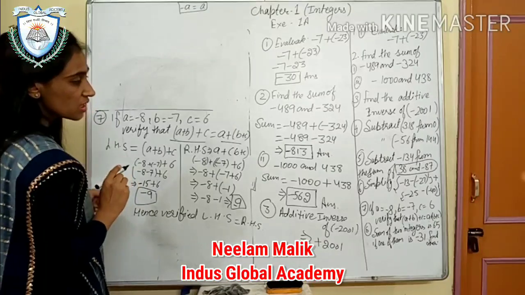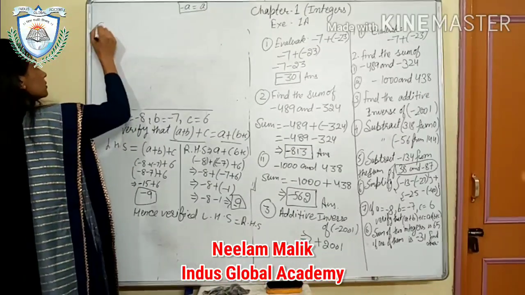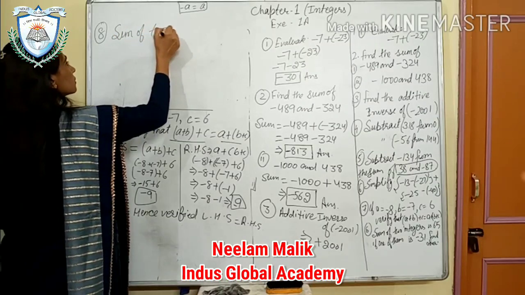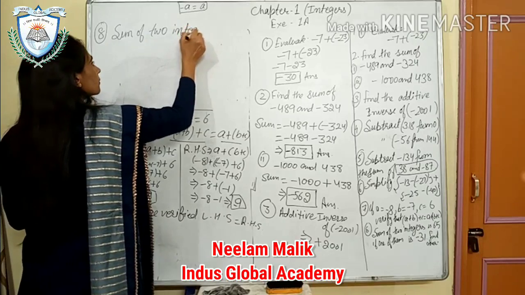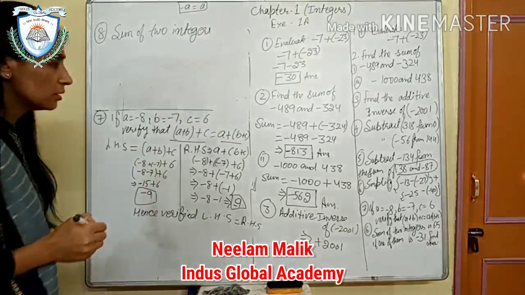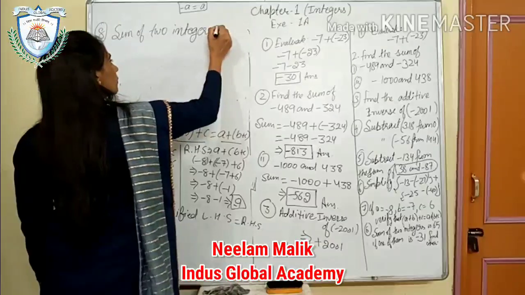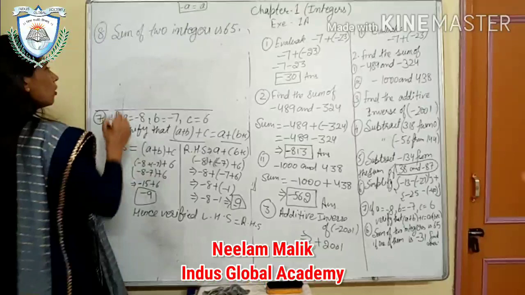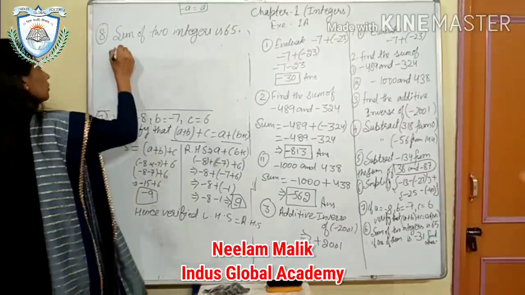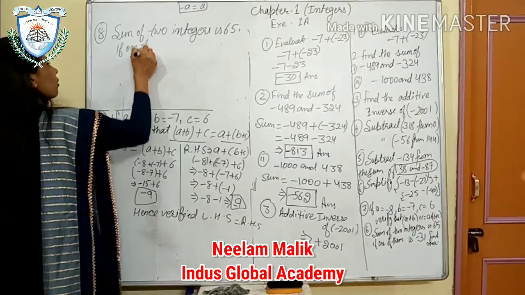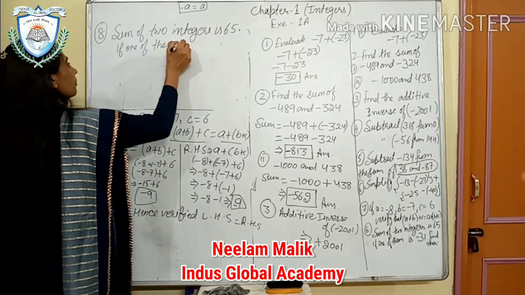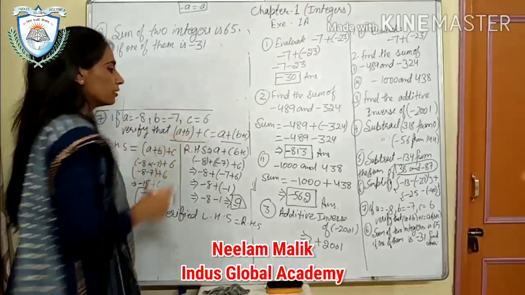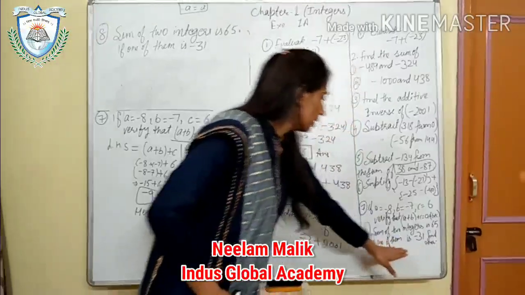The statement is: sum of two integers is 65, and if one of them is minus 31, find the other.